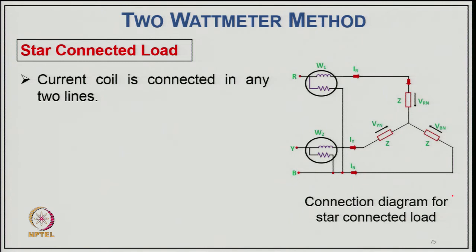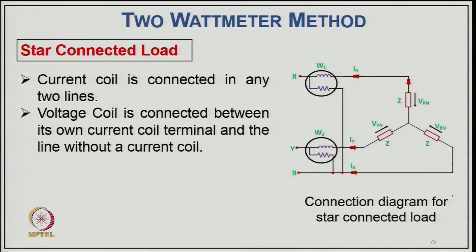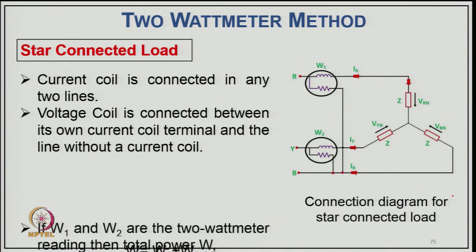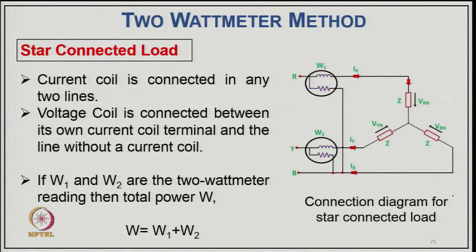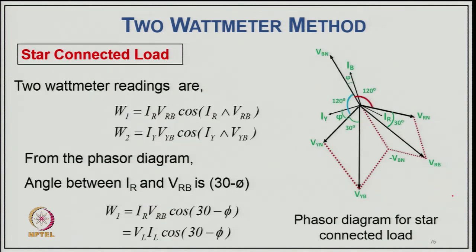Now for the case of a star connected load, you can see the connection here: the current coil is connected in 2 lines for W1 and W2, but the pressure coil is connected between that line and the third line, that is RB, or in the second case YB. So the current coil is connected in any 2 lines, and the voltage coil is connected between its own current coil terminal and the line without a current coil. If W1 and W2 are the 2 wattmeter readings, then the total power W equals W1 plus W2.